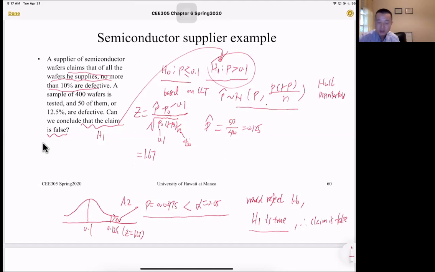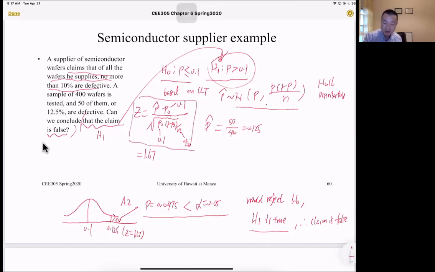You can see the procedure is exactly the same as we discussed in section 6.1. First, we set up H1 and then H0, depending on how the question is asked, actually in the last sentence. Whatever comes after "can we conclude" will be H1. Then we set up H0, and calculate the parameters, in our case the z-score based on this equation.